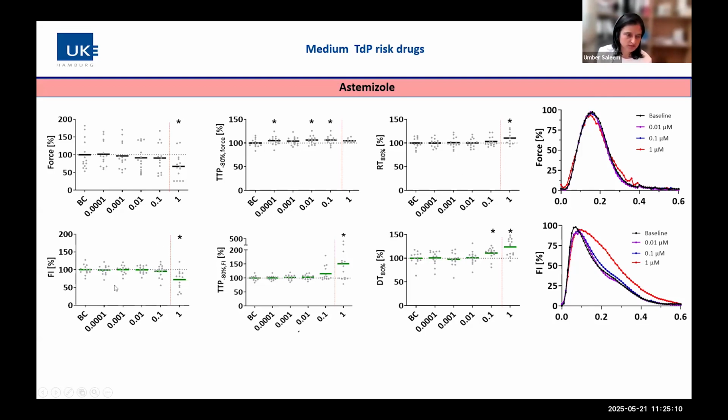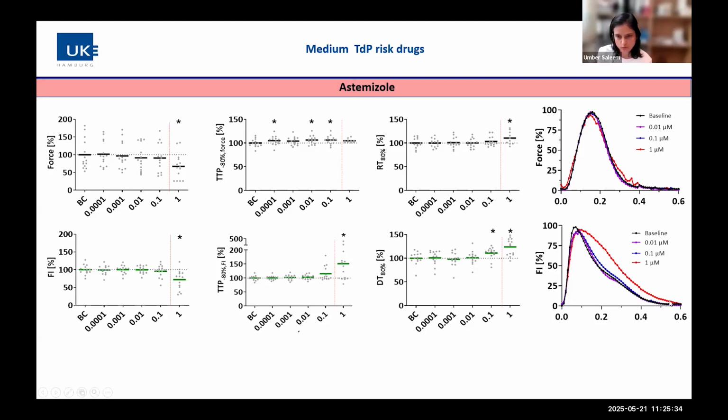And astemizole showed a decrease in fluorescence intensity, a large increase in time to peak for fluorescence intensity, and an increase in decay time. And you can see in the force peak, average peak, this effect in prolonged relaxation is not obvious because it is not normalized to time control.